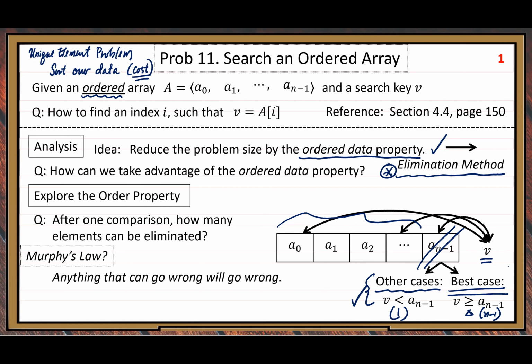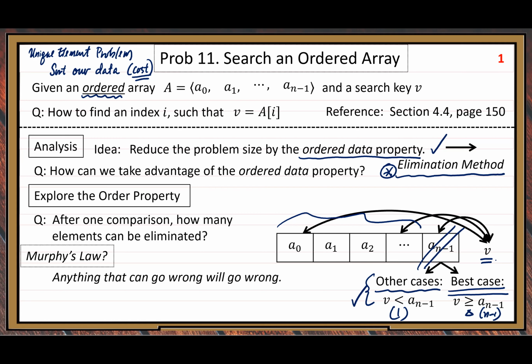We like the best case to happen, we don't like the worst case to happen. But this could happen, and the probability that this worst case happens is very big, much bigger than the best case. So that means in this situation, the way we choose the last element for our first comparison is not good, because there is a huge worst case you need to consider.